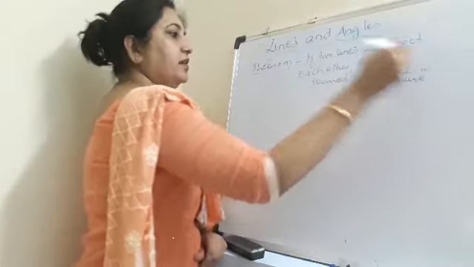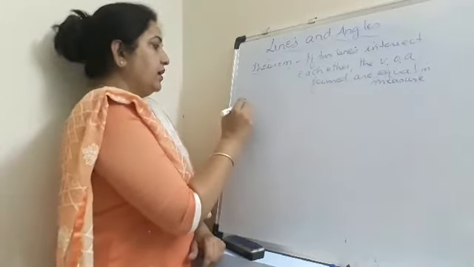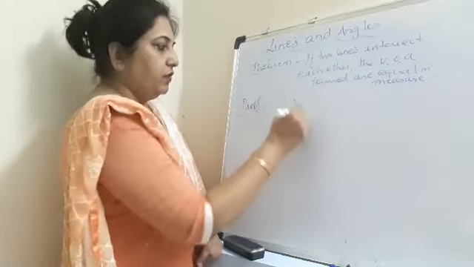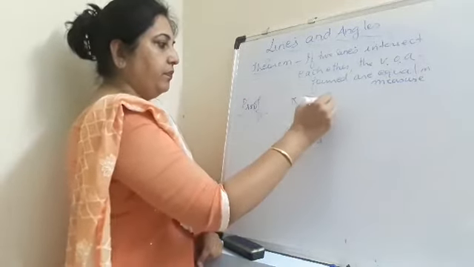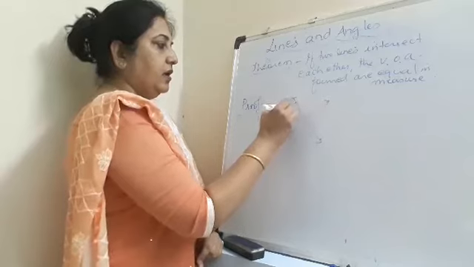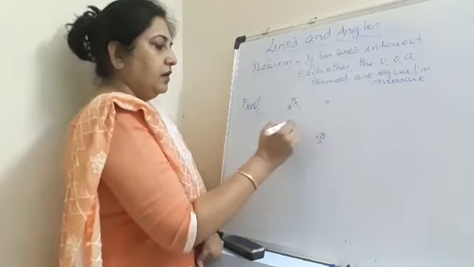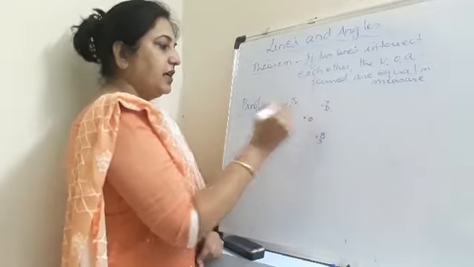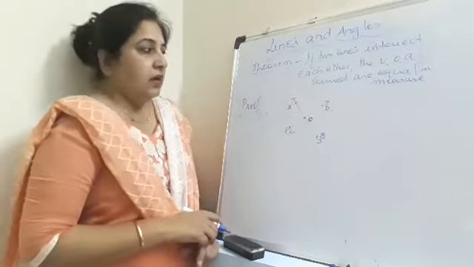So first you will write the statement and then you will write the proof. For the proof we need a diagram. So we take two lines AB and CD. Both of them intersect at O. Okay, now what?